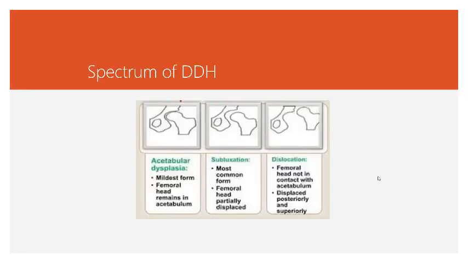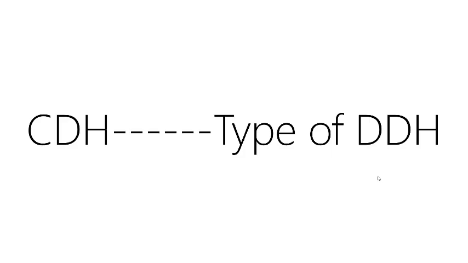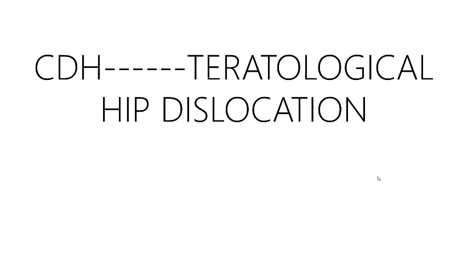In the past, it was called CDH. CDH means congenital dislocation of the hip. Now, with better understanding and knowledge, it is known that actually CDH is a type of DDH, and this CDH is called pathological hip dislocation.